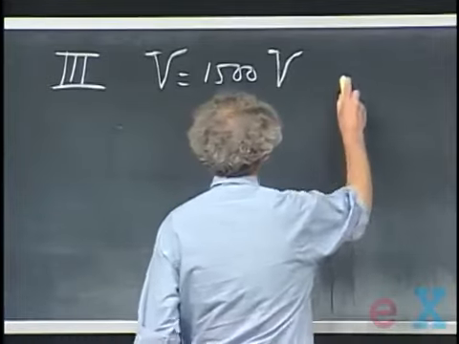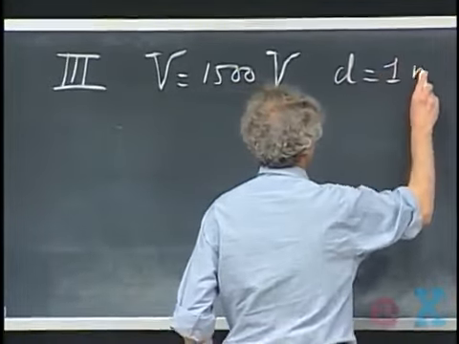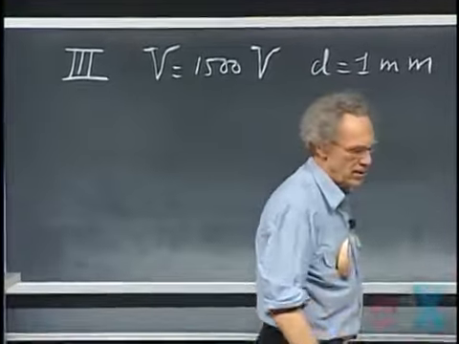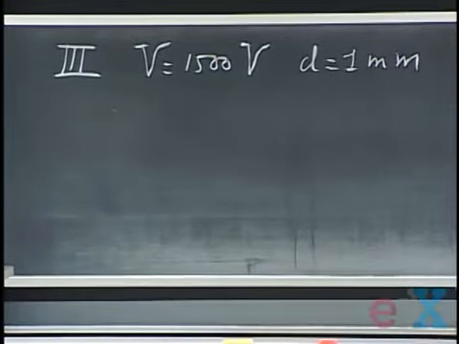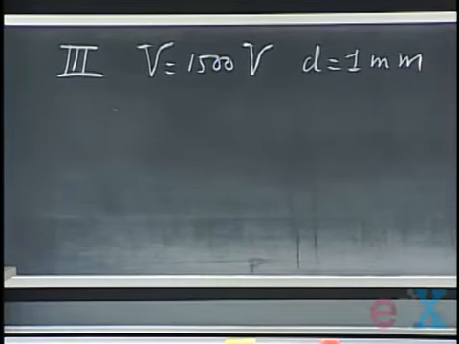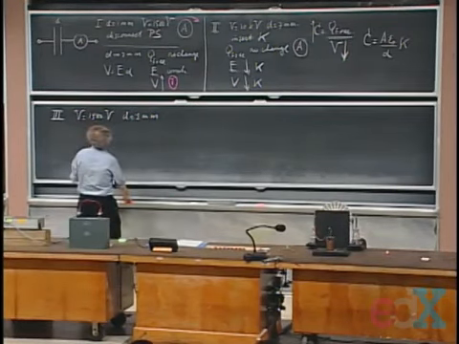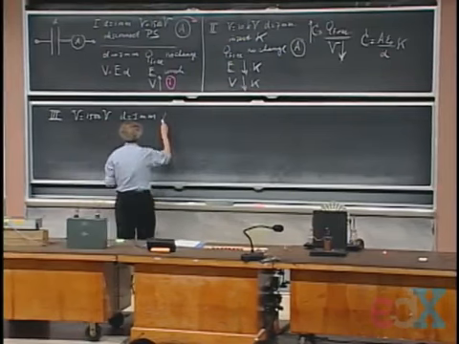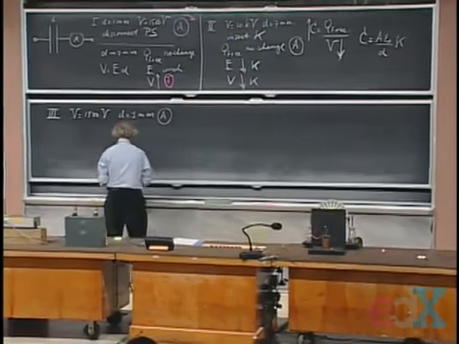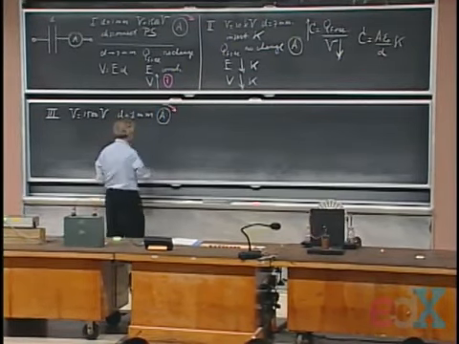We start with D equals 1 millimeter, just like we did in experiment 1. No glass. I'm going to charge it up, just like I did with number 1, and of course I will see that the ammeter will show this charge. See a surge of current.